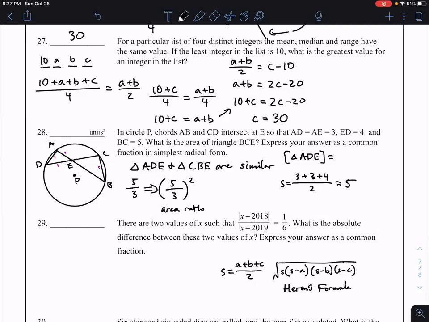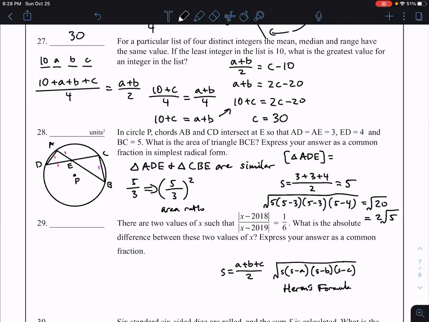And then we can just plug it all into Heron's formula to get the square root of 5 times (5 minus 3) times (5 minus 3) times (5 minus 4). And you can solve this out and you'll get root 20. Let's simplify that to 2 root 5.